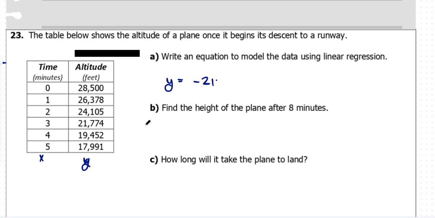You ended up with negative 2161.54 and 28,437.19. So for the height after 8 minutes, x is dealing with our time, and y is dealing with our altitude.